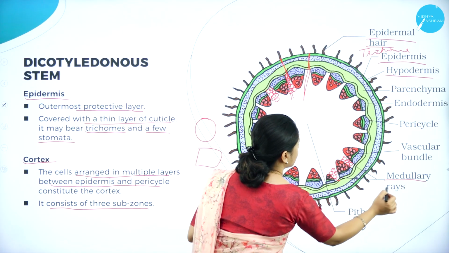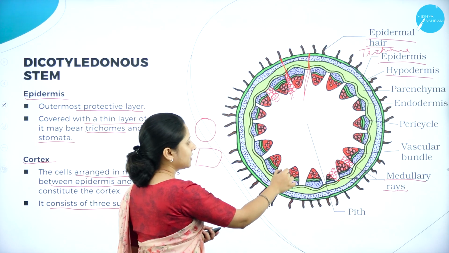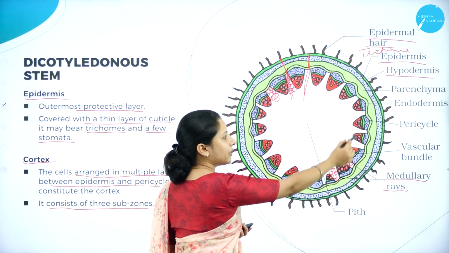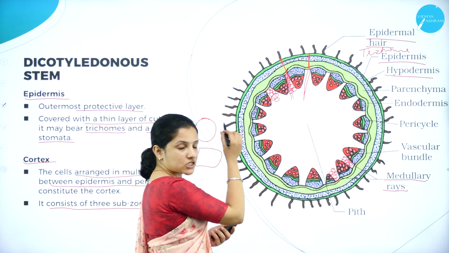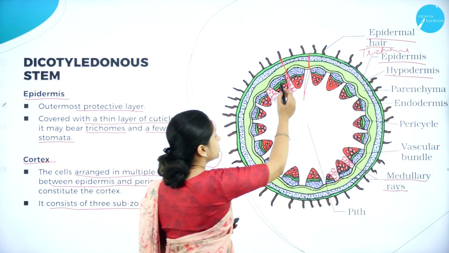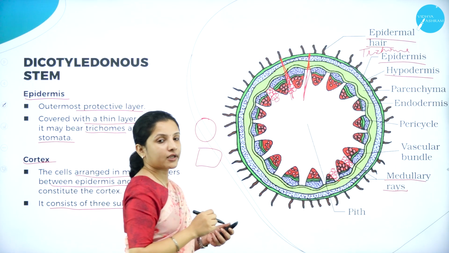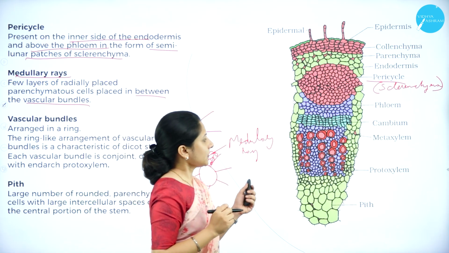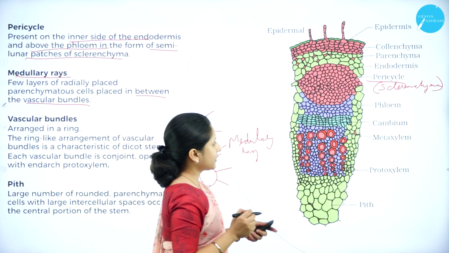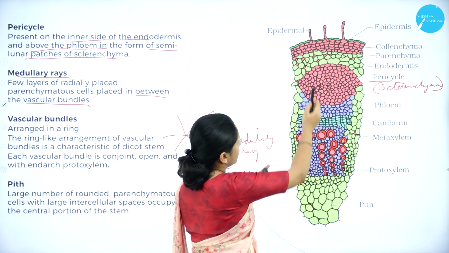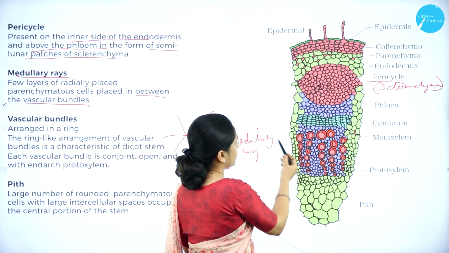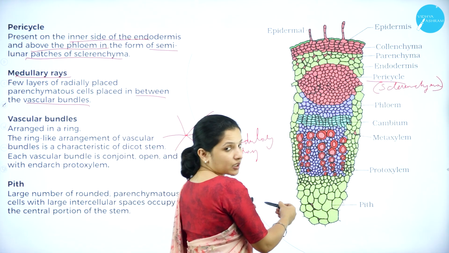So all these are the medullary rays, and the vascular bundles are arranged in a ring-like pattern throughout. But the diagram which I was showing you till now was only a small portion of this. That is why do not get confused with this. If it is round, it will continue: here one more vascular bundle, here one more vascular bundle.